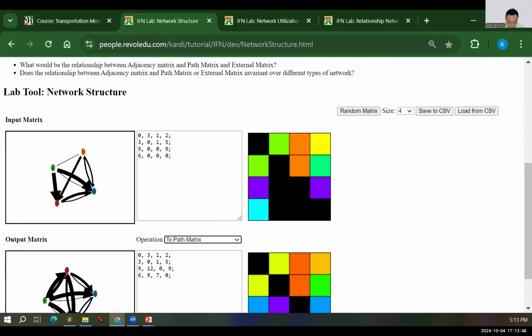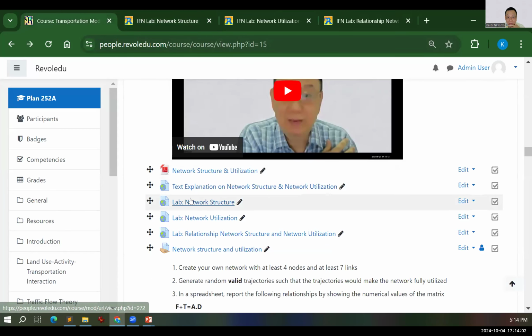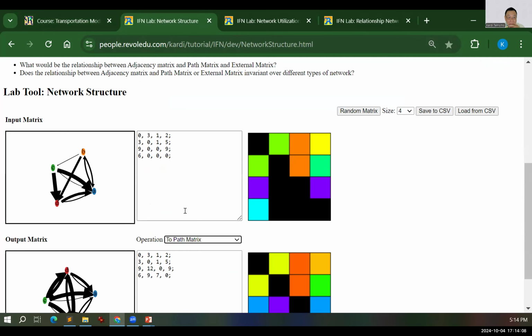You see here. Can you go to this lab? Go to model and then go here, lab of network structure. You get it?